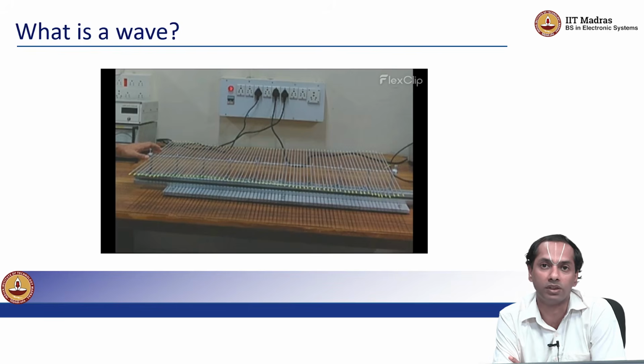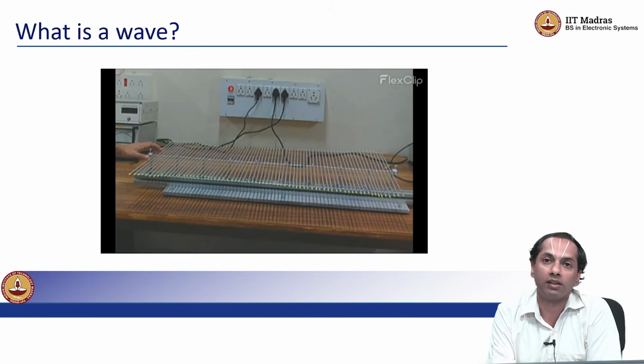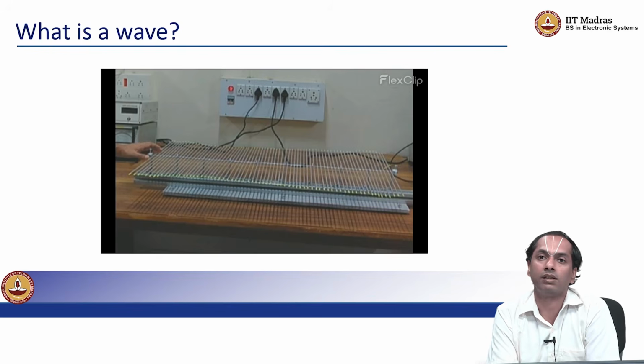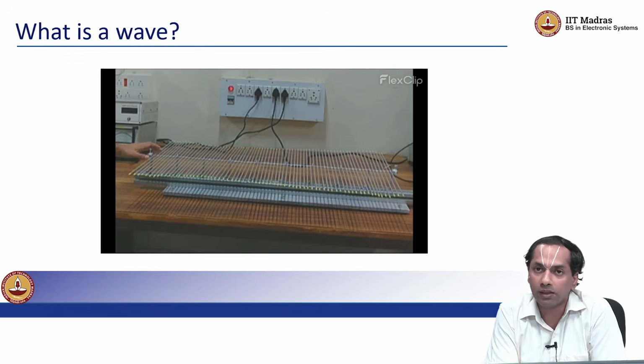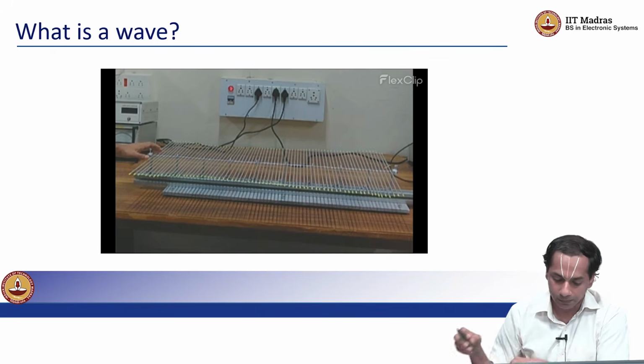So in front of you is a small setup that I've created in the lab. It is actually called a Shive wave generator, dedicated to John Shive, who came up with this. There are videos on YouTube that you can see about the Shive wave generator as well. Here is a depiction of a mechanical wave.